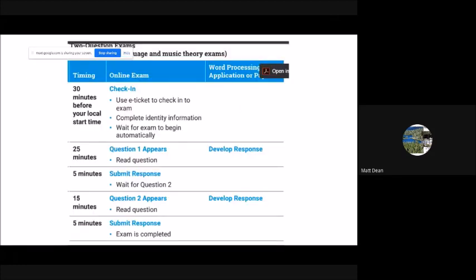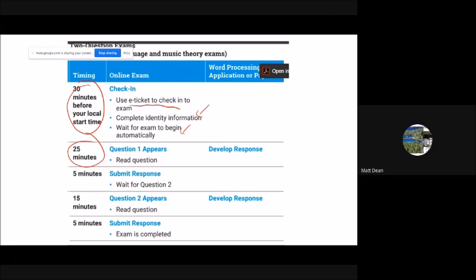So a couple more things about your test. Again, log in 30 minutes before test time. Use your e-ticket to do that. You'll have to complete some identity information, and then you'll have to wait for the exam to start. Question 1 will start exactly at 3 o'clock. You'll have 25 minutes to answer that first question.